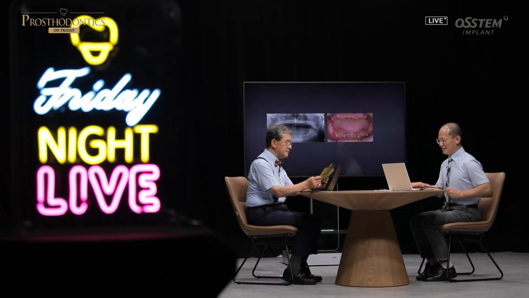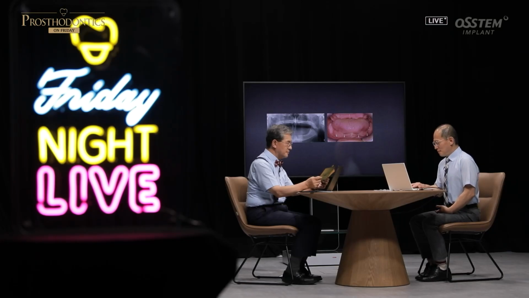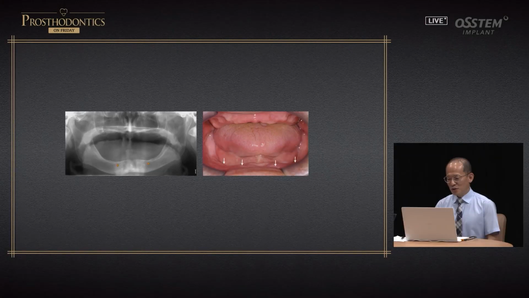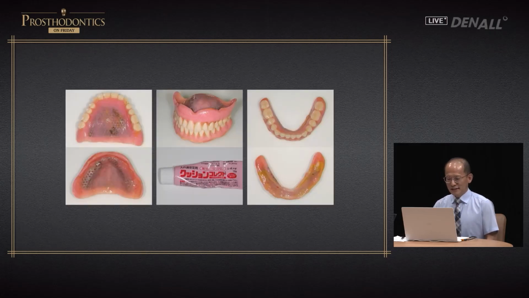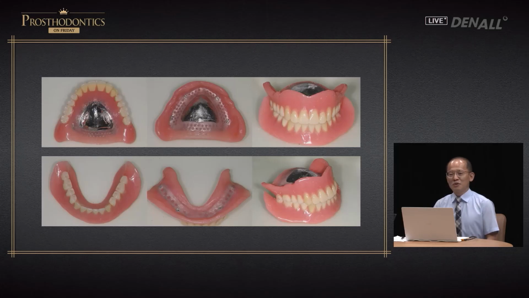Well, we will look at another case. Now, a dentalist patient, and again, also here, there's a lot of bone resorption. So there was a denture that it came with. Adhesive was used, especially on the mandibular side. The appearance was inadequate, so we created a new denture for the patient like this.